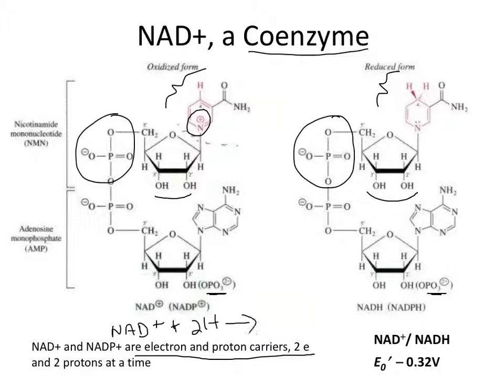Okay, this is the reduction reaction, will become NADH plus a proton. So the NAD itself gains 2 electrons and 1 hydrogen, and the other proton is liberated into the environment, and that's actually really important.